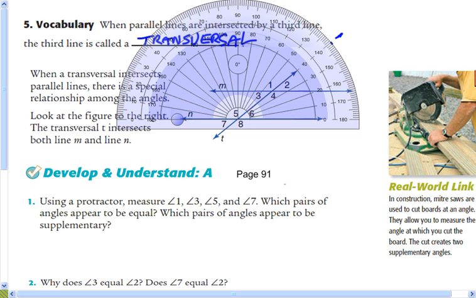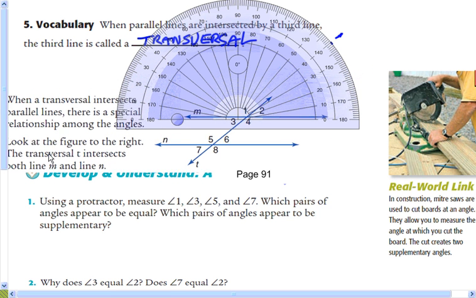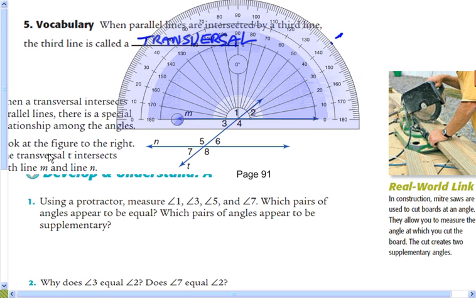So angle 5 is 140. I'm going to move that protractor, well, maybe I'll just move the drawing to angle 1, and now you can see that angle 1 is right here, same spot, 140.